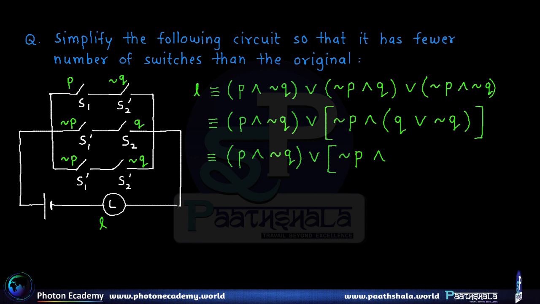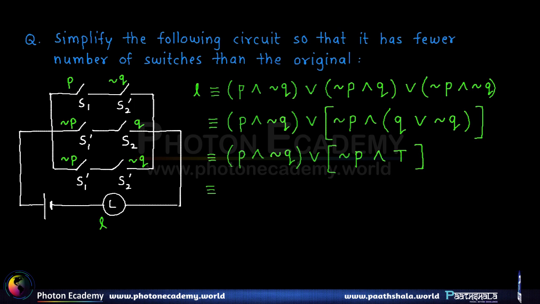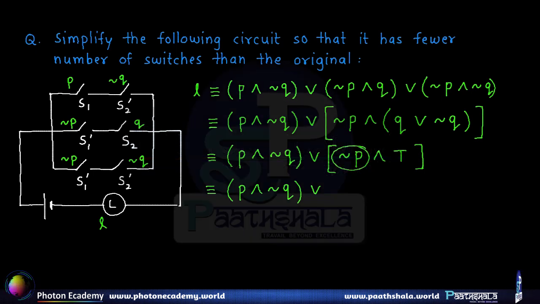So when one is true, the OR is always true. So that gives us straight away true. Okay, now if we look at the second bracket, you see there is an AND operation and one of the input is true. So clearly as per the laws, the result will be same as the other unknown input. So that will be equal to negation P.